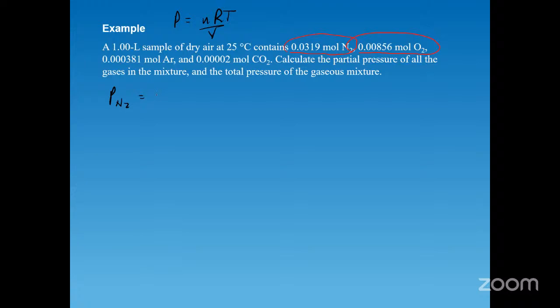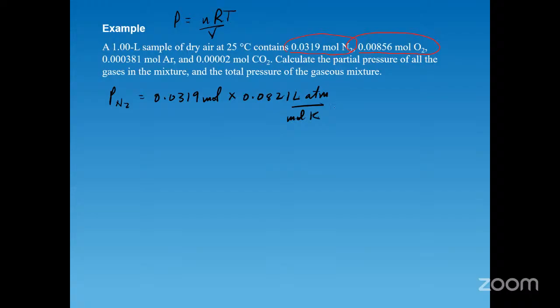So N is given as 0.0319 moles of nitrogen times R, which is 0.0821 liters atmosphere over mole Kelvin.